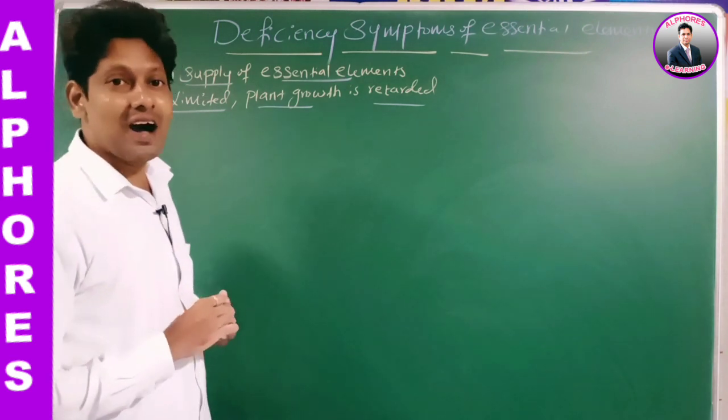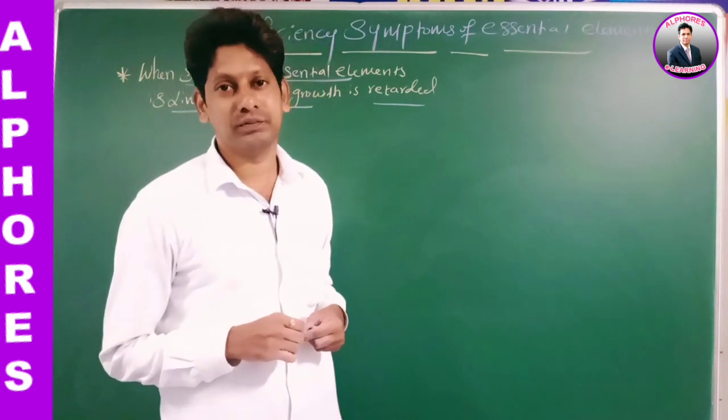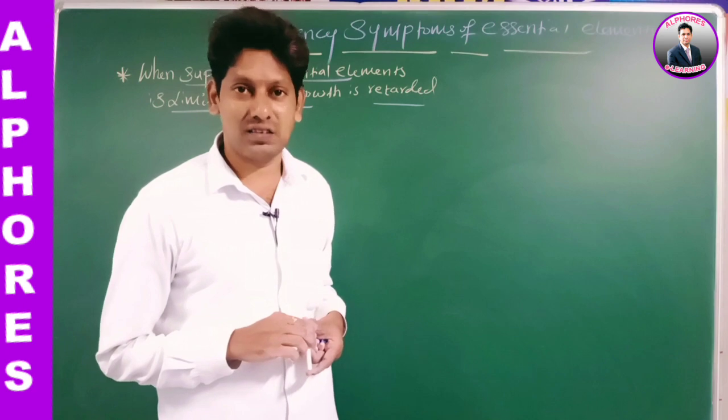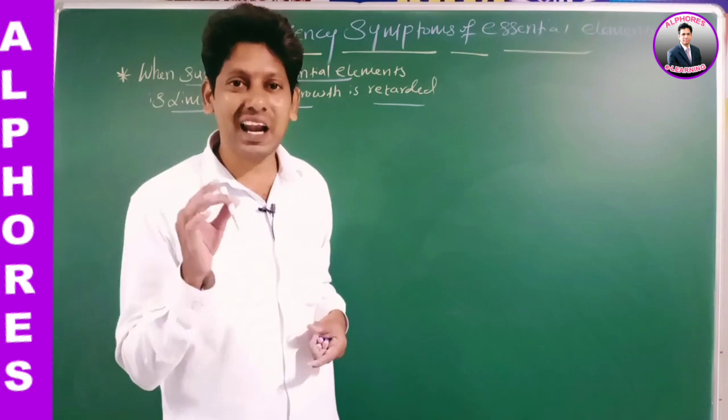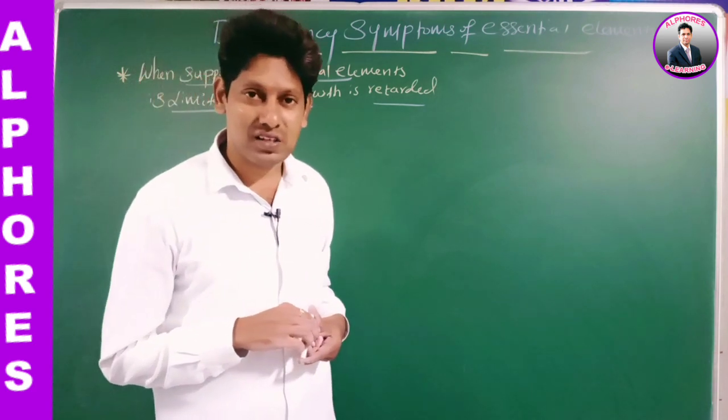Okay. Sir, the concentration of essential elements below which the plant growth is retarded is called the critical concentration. What is that concentration called? Critical concentration.